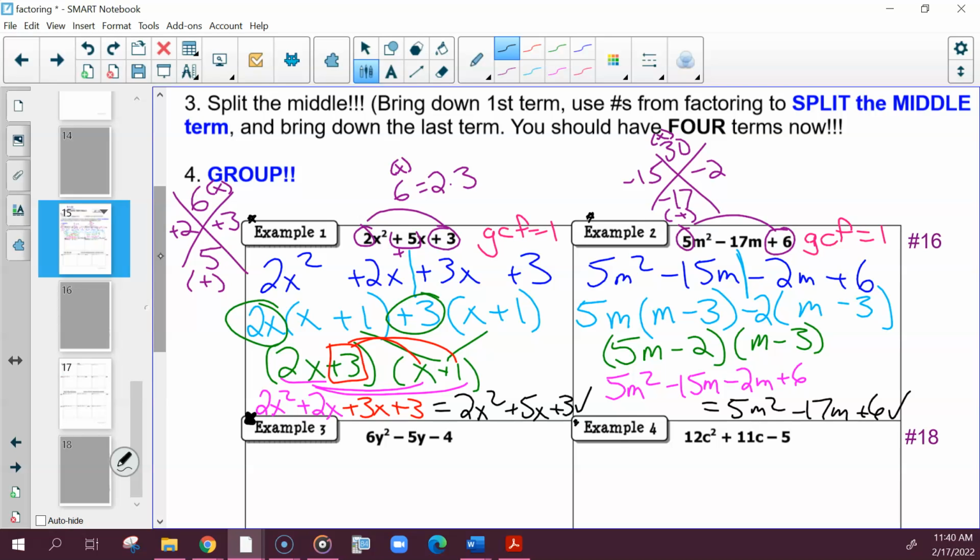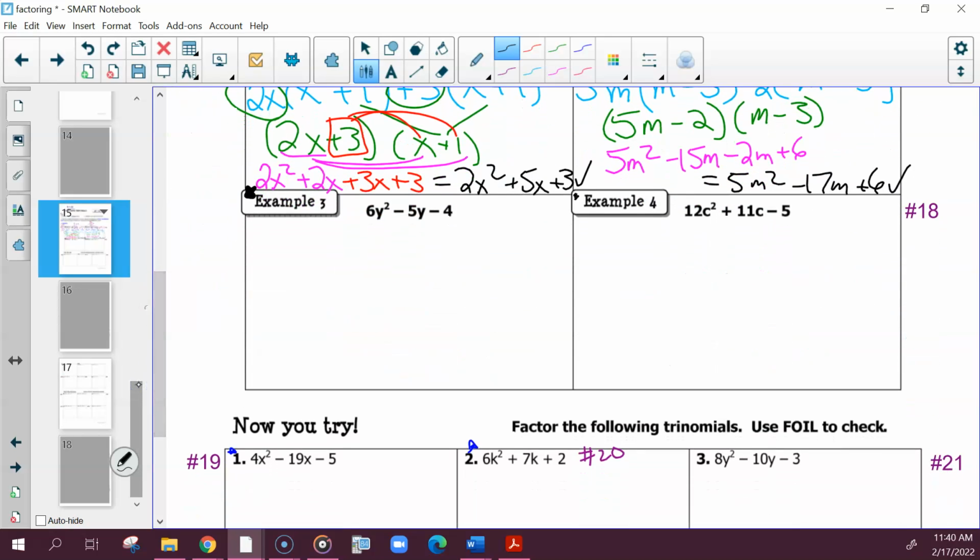Let's do example 3. Does this have a GCF? Yes. What is it? 1. So because it's just 1, we can multiply 6 and negative 4. So we're looking for two numbers that multiply to be negative 24, but add to be negative 5.